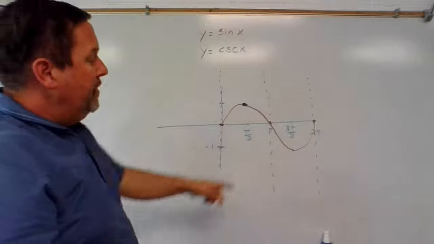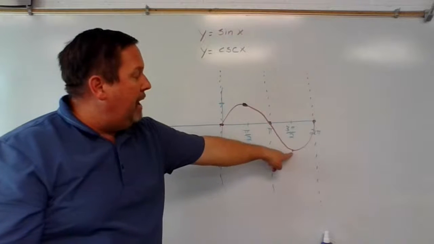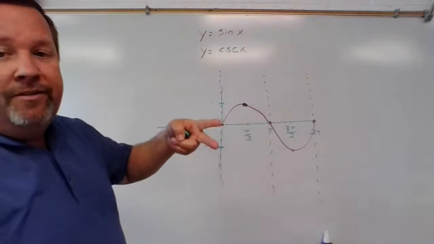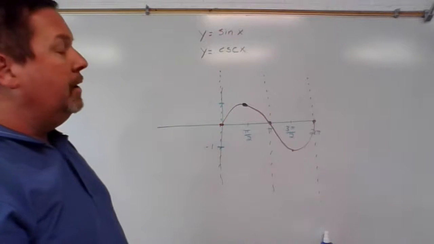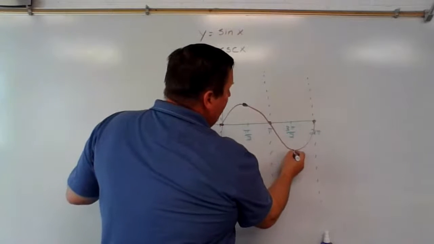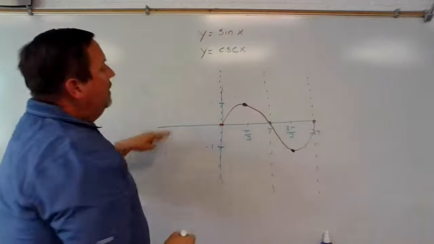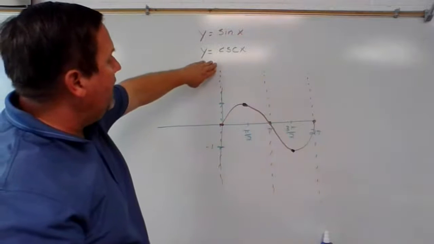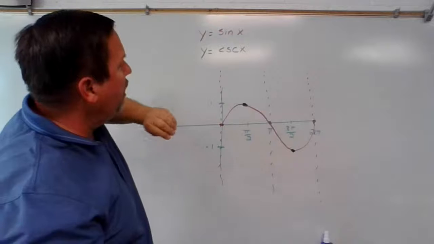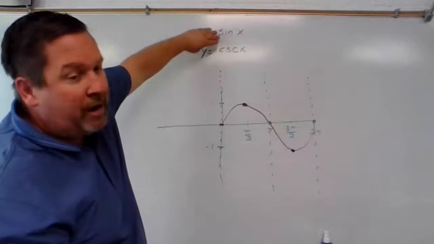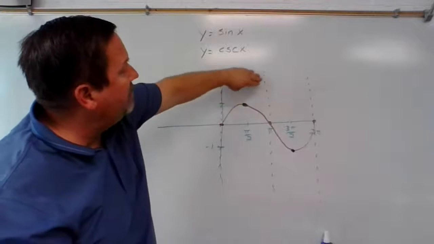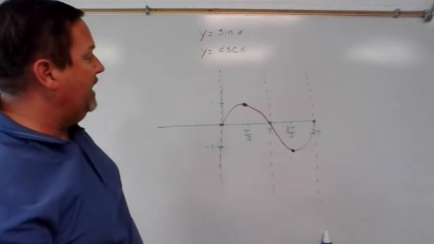All right. The sine of 3 pi over 2 over here is -1. What's the flip of that? What's 1 over -1 is -1. They're going to share that in common. And what's going to happen is, because it's undefined here, my cosecant graph is actually going to come down from infinity down to this point, and then it's going to shoot back up to infinity again.